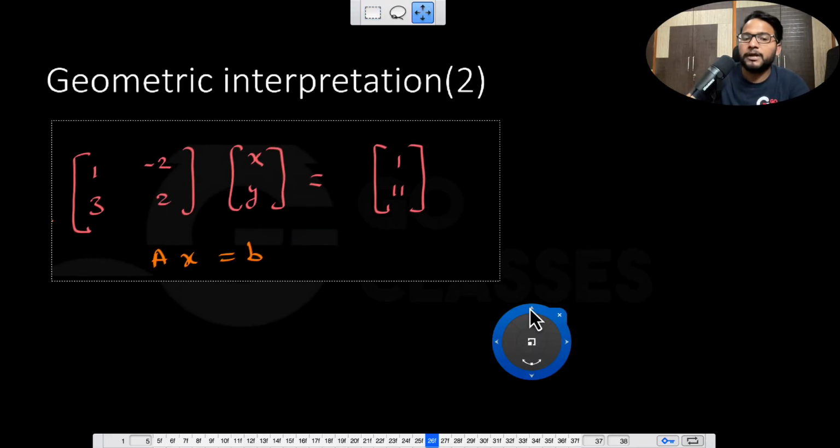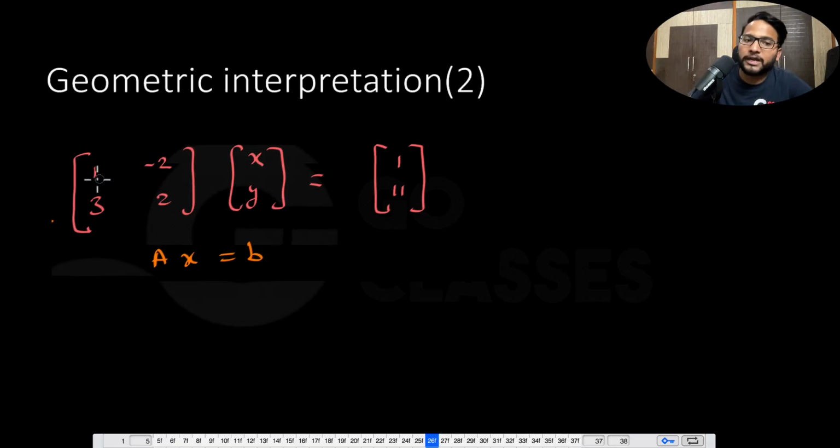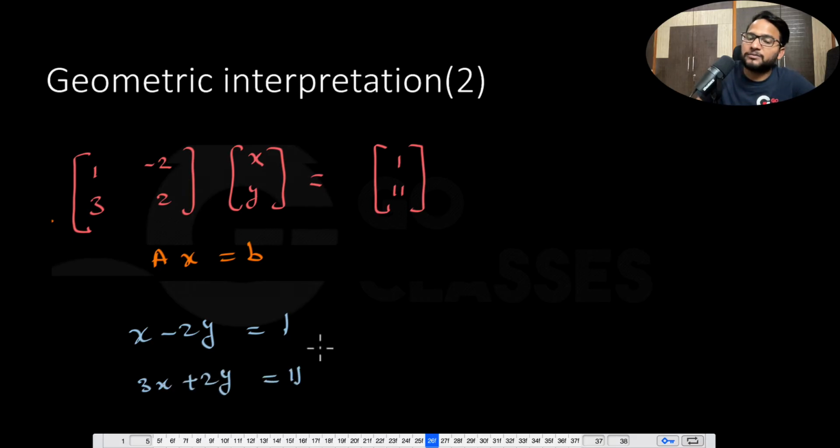We are going to have this not as a column picture but as a row picture. We are going to say that this can be written as x minus 2y equal to 1, and then 3x plus 2y equal to 11. This means that if Ax equal to b is given to you, then you can write it as something like this, right?